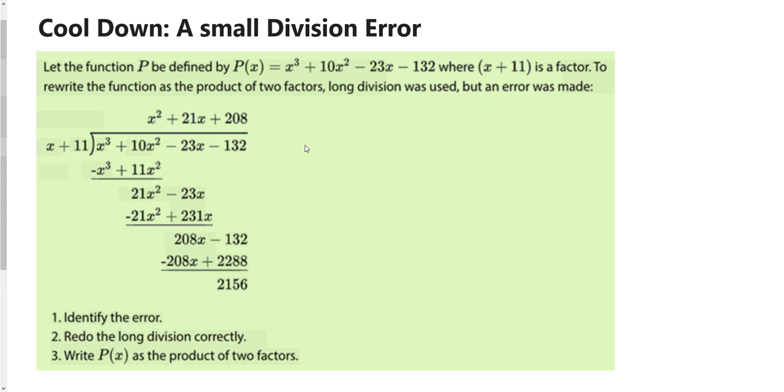Let's see where the error might be. x to the third divided by x is x squared, and x squared times x plus 11, x squared times 11 is 11x squared. But they were supposed to change the sign here.